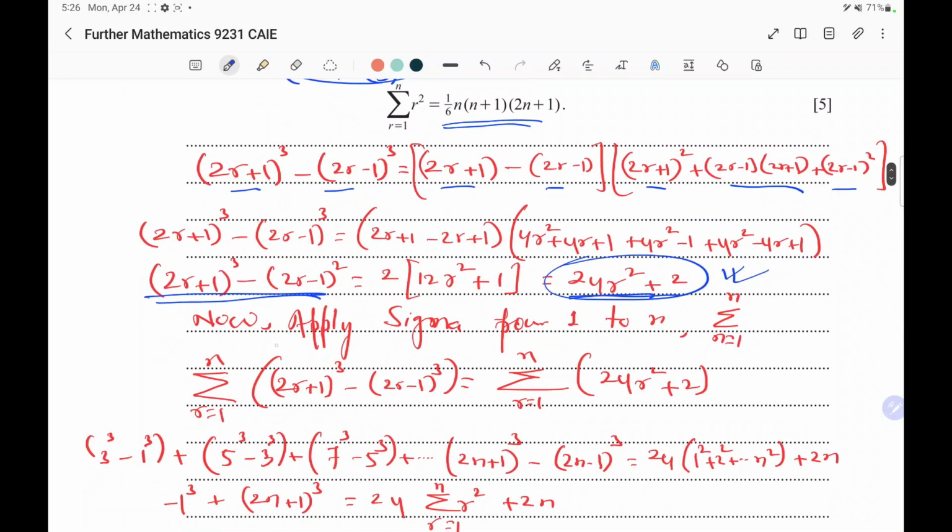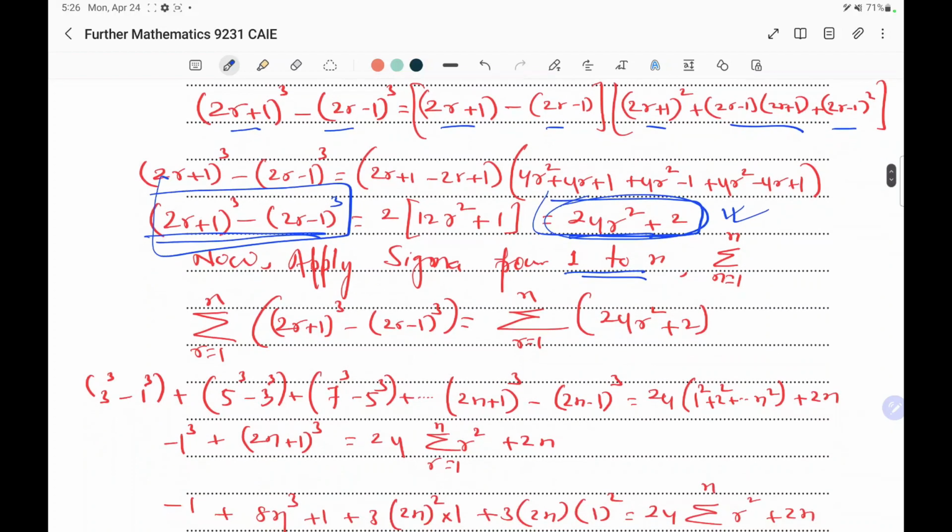Okay, that's fine. Now apply sigma from 1 to n, both sides, like here as well as here. So 2r plus 1 whole cube minus 2r minus 1 whole cube, it is cube not square, equals sigma r equals 1 to n of 24r square plus 2.